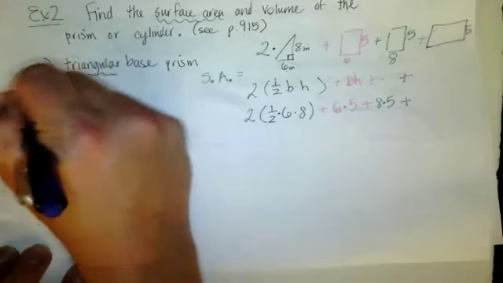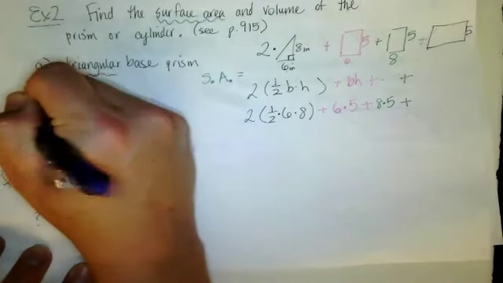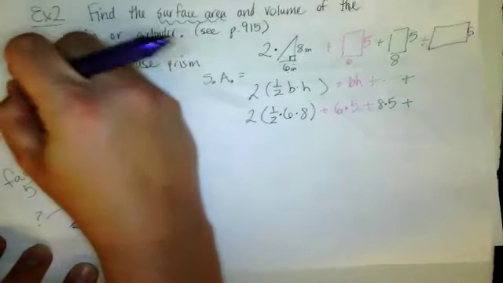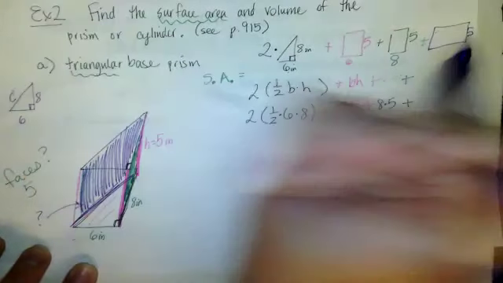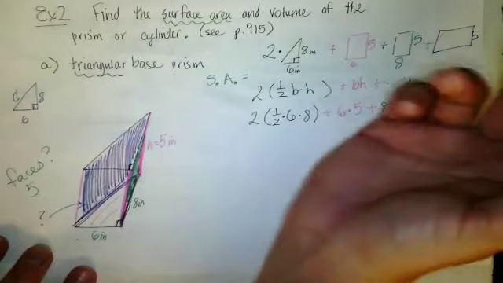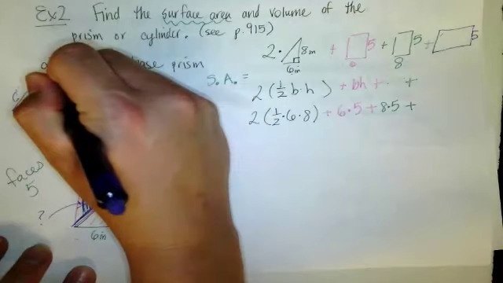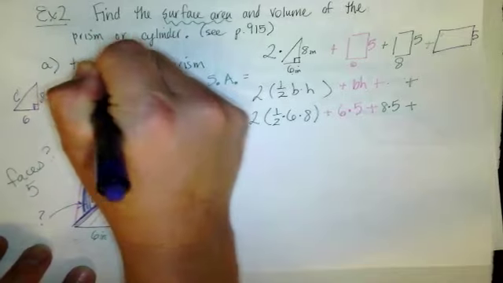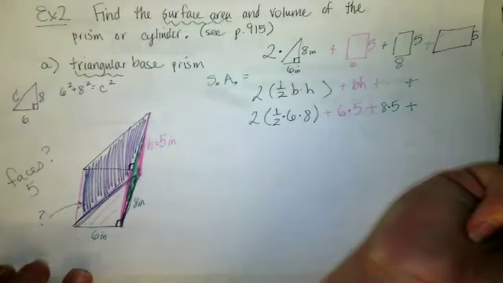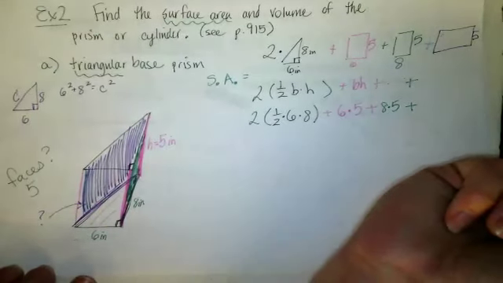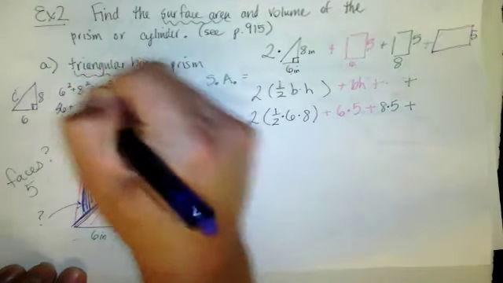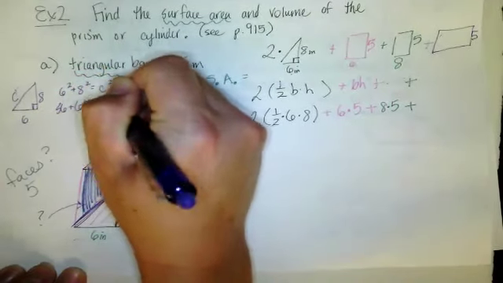It's a right triangle. We got a base of 6, we got a base of 8, and we want to know C, the longest side. Pythagorean theorem again, okay? So once again, 6 squared plus 8 squared equals that hypotenuse squared. What is 6 squared? 36 plus 64.